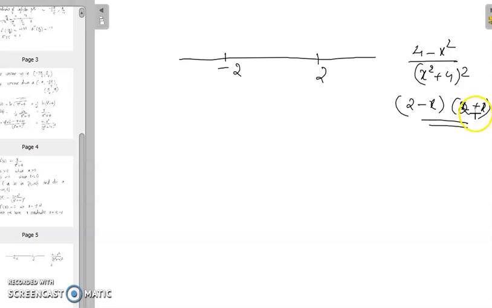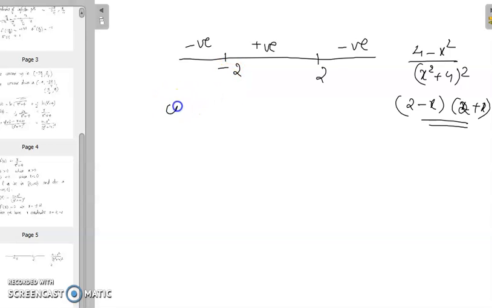So positive and negative together will give negative here, and between 2 and minus 2 this will be positive, and this also will be positive. So this is going to be positive, and here it is negative.